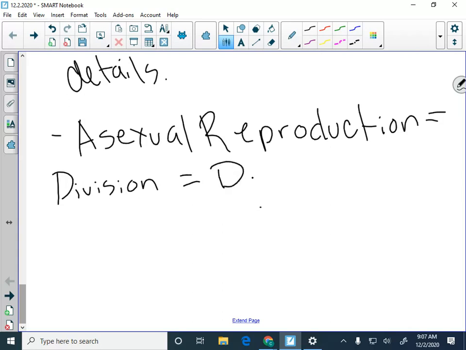And that is also known as binary fission. So if you've ever heard the term binary fission before, it's the same thing as prokaryotic cell division. It's the same thing as asexual reproduction. It leads to 2 genetically identical daughter cells.